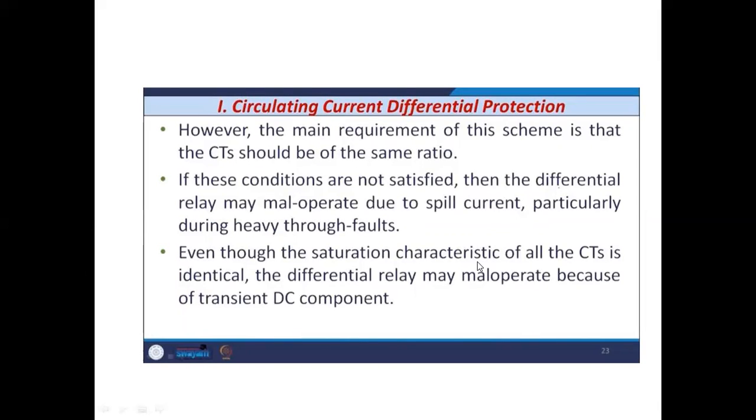Even though the saturation characteristic of all the CTs is identical, the differential relay may mal-operate because of the transient DC component. Practically it is not possible, even though the CTs are manufactured by the same manufacturer. Then also the differential relay mal-operates because of the transient DC component present in the fault.